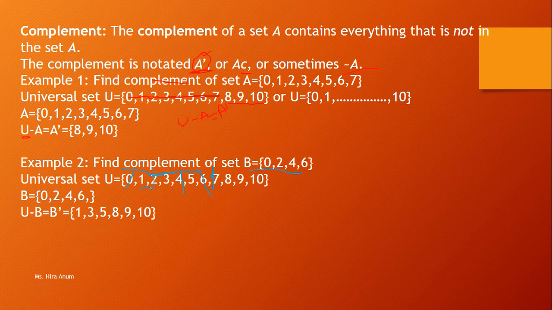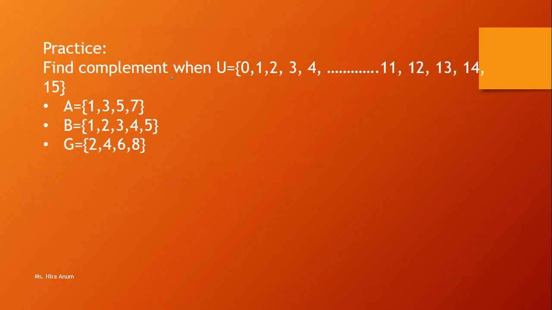You can write 1, 3, 5, 7, 8, 9, 10. This is the complement of B. You have to find this question. You find the difference U minus A. Then solve this.